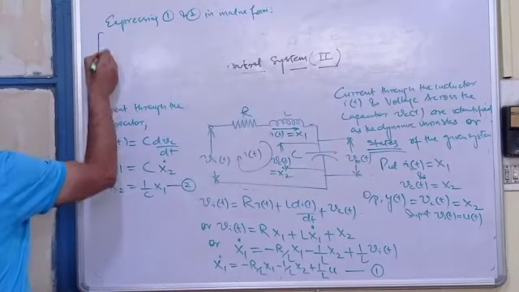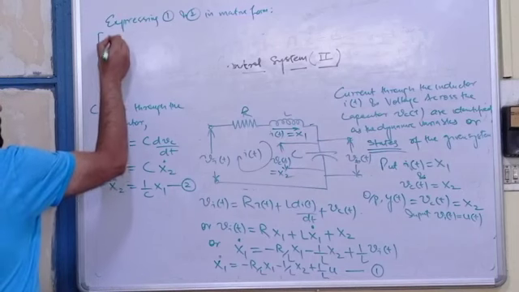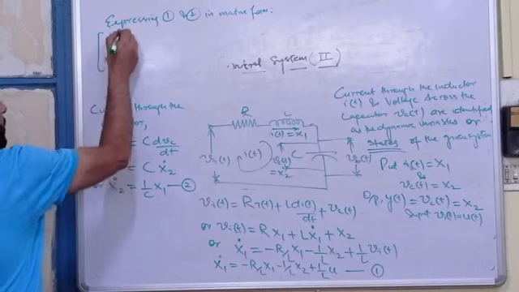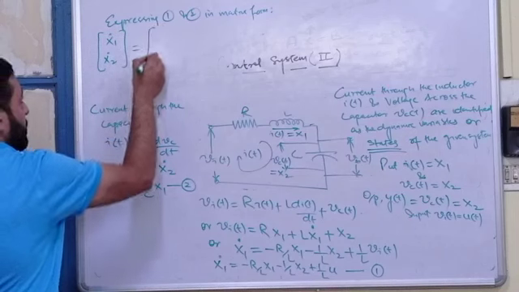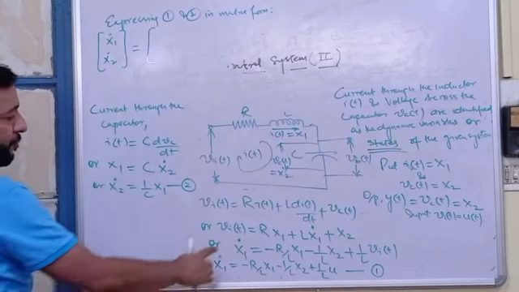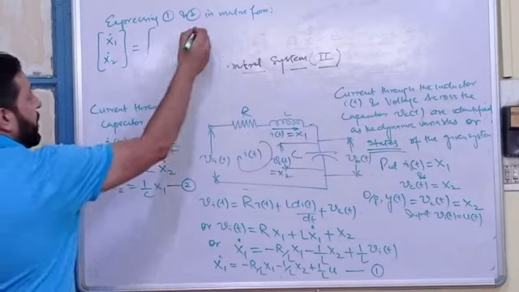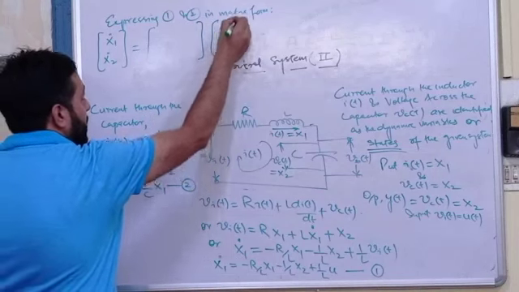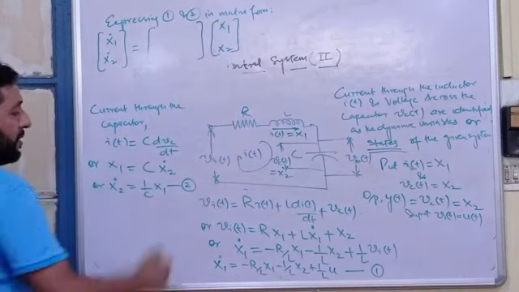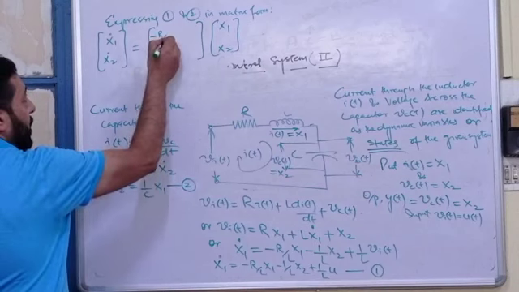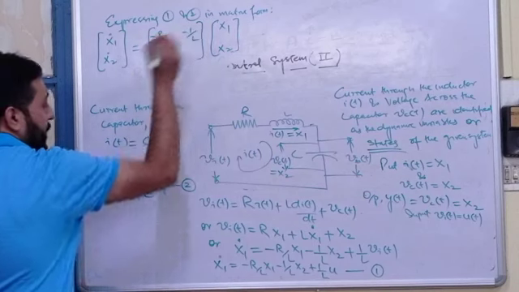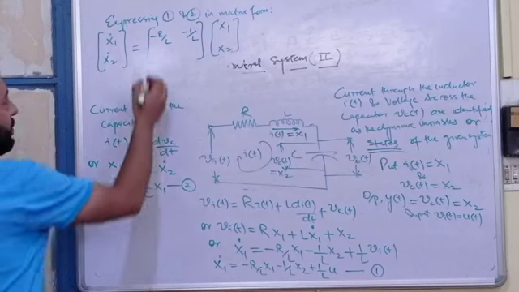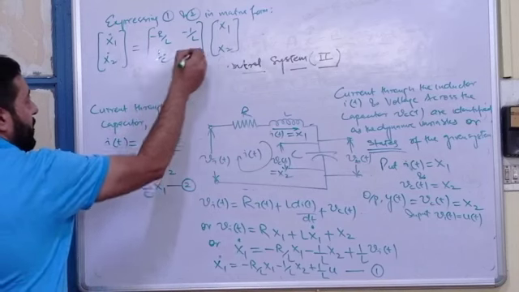What do I get? I get x1 dot, x2 dot is equal to, the x1 dot equation is this, so I'll write like this. I put here x1 and x2. So you've got minus R upon L, minus 1 upon L, and in the x2 dot equation you have got 1 upon C and 0.